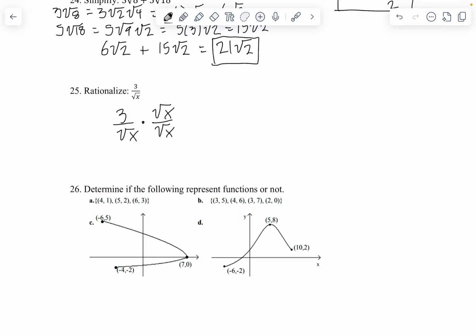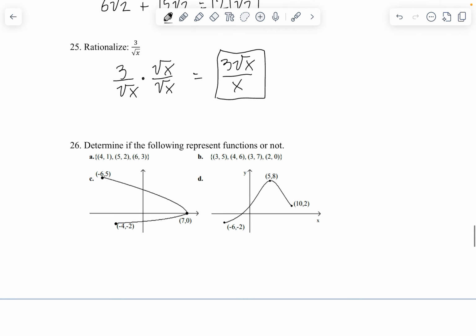Right? It's a unit fraction where the top and the bottom are equal to the denominator here. That makes the numerator 3 times the square root of x, and the denominator down here, square root of x times the square root of x, is just x. So I've rewritten it so I don't have a root in the denominator. That's what rationalizing it means.